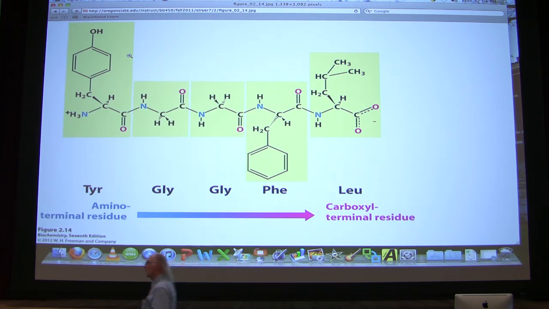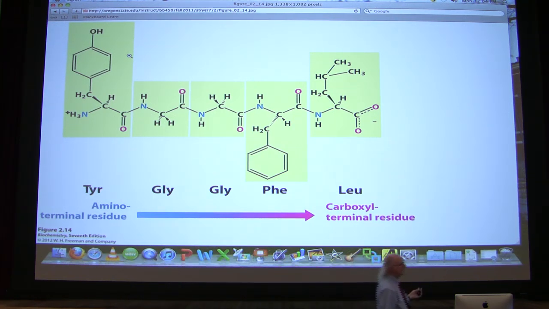Okay? Now, as I said at the very end of the lecture last time, there are ends of a protein. There's an amino end, which always has a free alpha amino group. We can see this is the amino end over here because it has a free alpha amino group. And we see this is the carboxyl end over here because it has a free alpha carboxyl group.